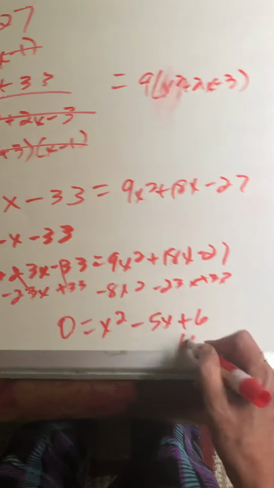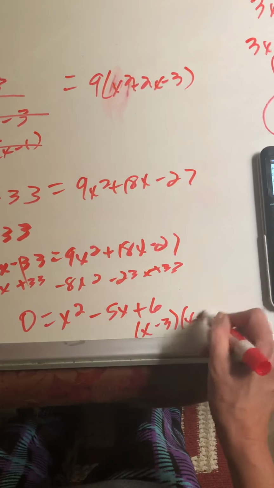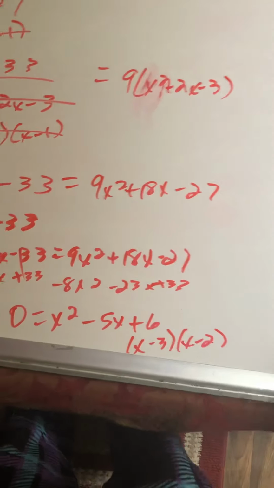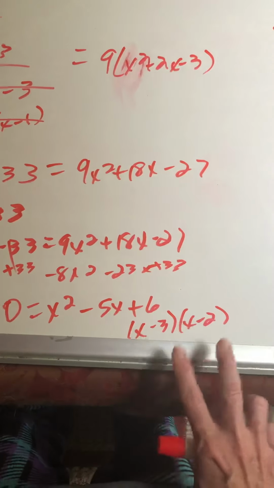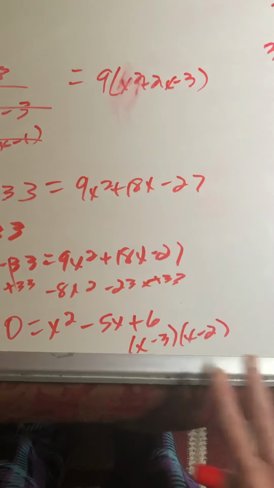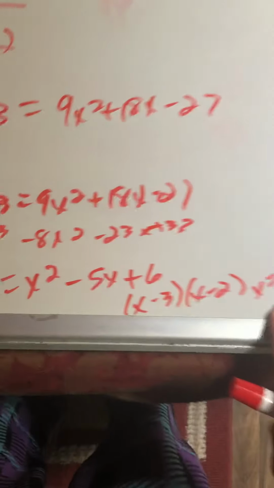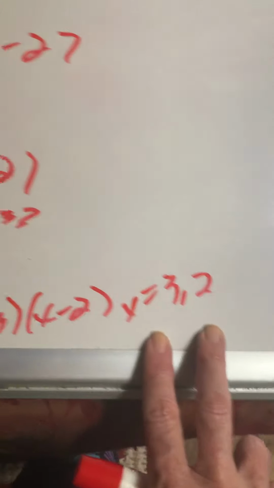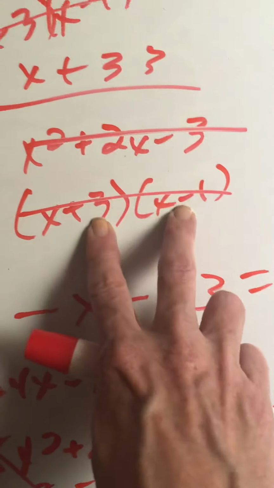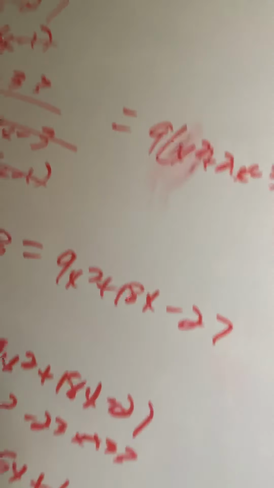Okay, so then x minus 3, x minus 2, because the factors of 6 that give negative 5 are negative 3 and negative 2. So that means x can be 3, x can be 2, maybe. Not an issue here, not an issue here. So x is 3, 2.